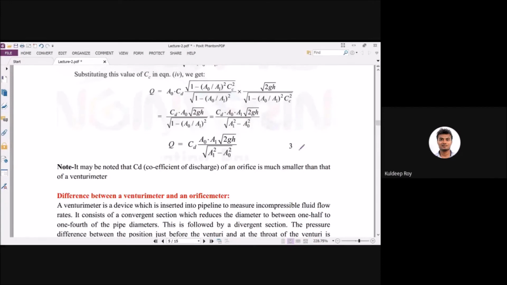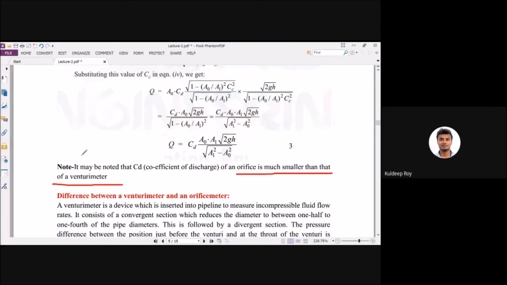We determine. It may be noted that the discharge coefficient of the orifice plate is always smaller than venturi. This is to be kept in mind: the discharge coefficient of orifice is always smaller than venturi.